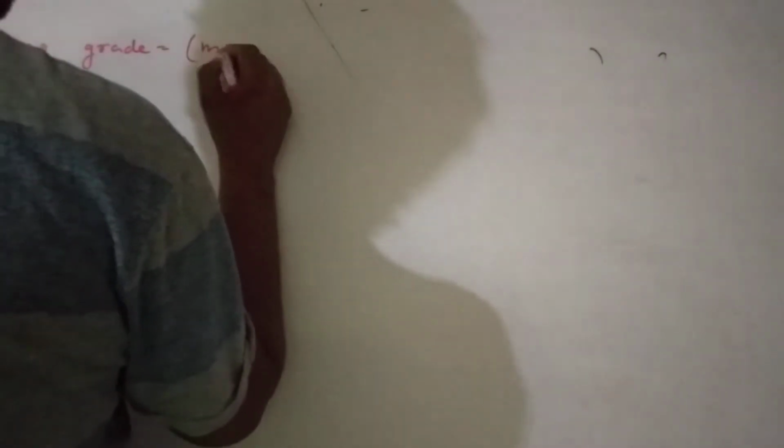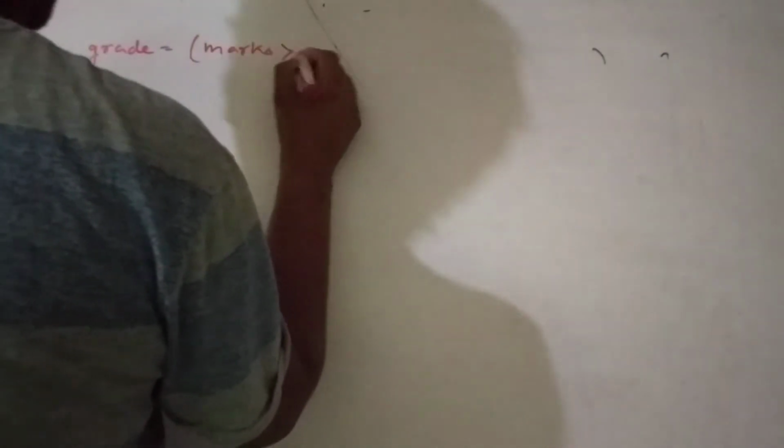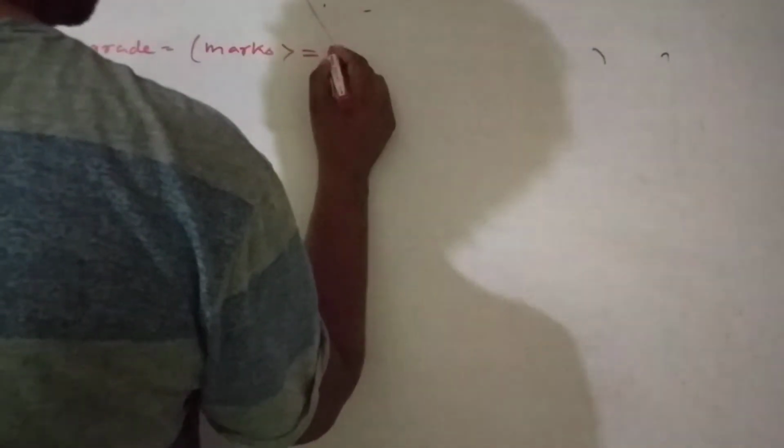So now, string grade, okay, is it visible? Okay, string grade is equal to marks is greater than or equal to 90, okay?